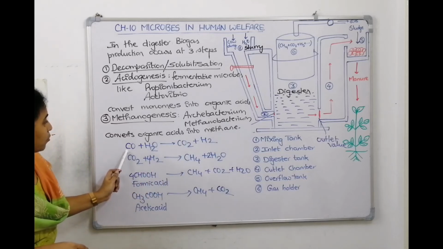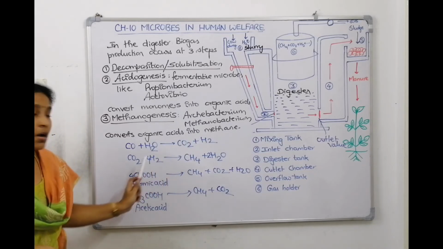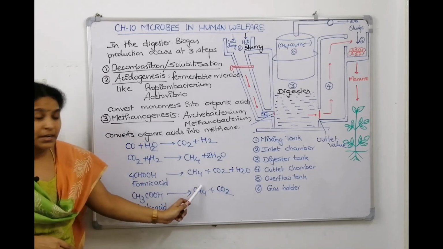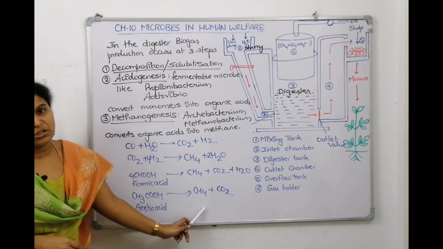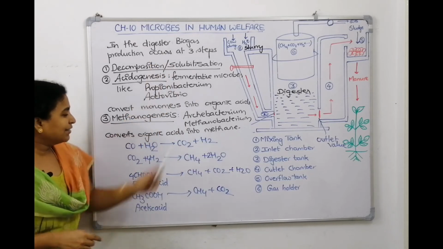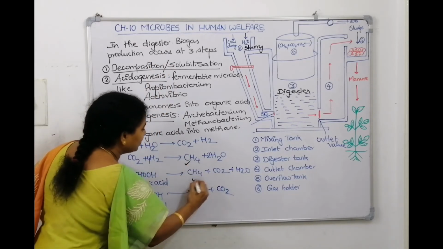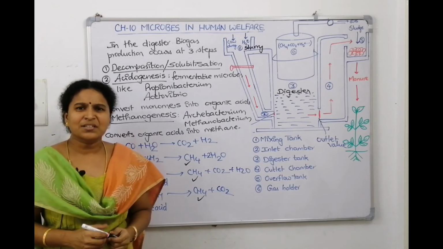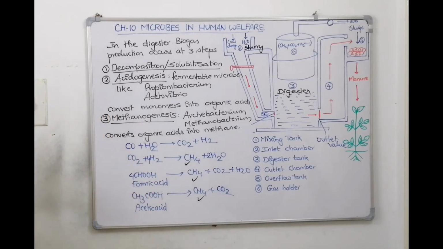Carbon monoxide got converted to carbon dioxide, carbon dioxide got converted to methane, formic acid is also generating methane, and acetic acid is also generating methane. So these are the steps of biogas production. This is biogas. Take a screenshot, then we'll talk about the significance of biogas.